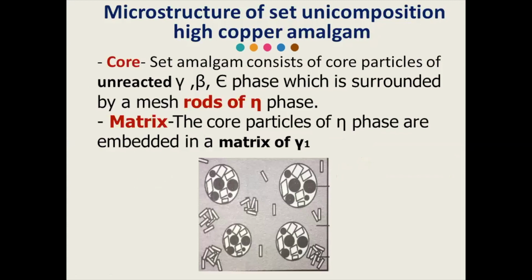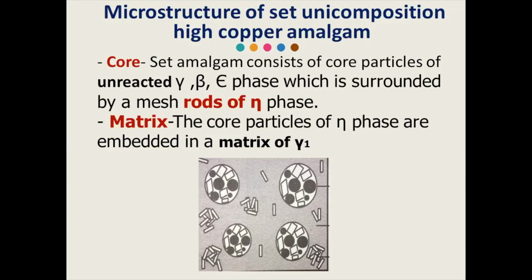Now the microstructure of set unicomposition high copper amalgam. Here there is formation of so many unreacted phases. The set amalgam consists of core particles of unreacted gamma, beta, epsilon phases, which are surrounded by a mesh of rods of eta phases.